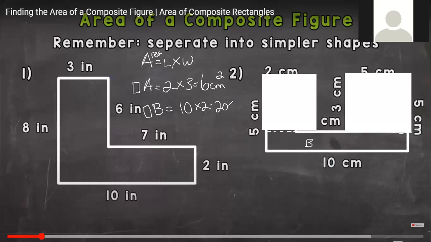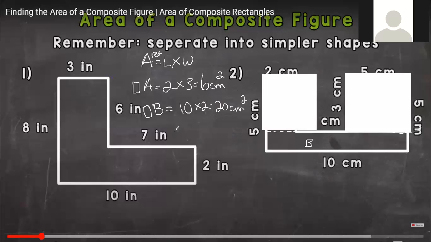It's going to be 20 blank blank. Demetrius, it's 20 centimeters squared. We did that right up here. Make sure we're paying attention, because all of these are going to end with centimeters squared.